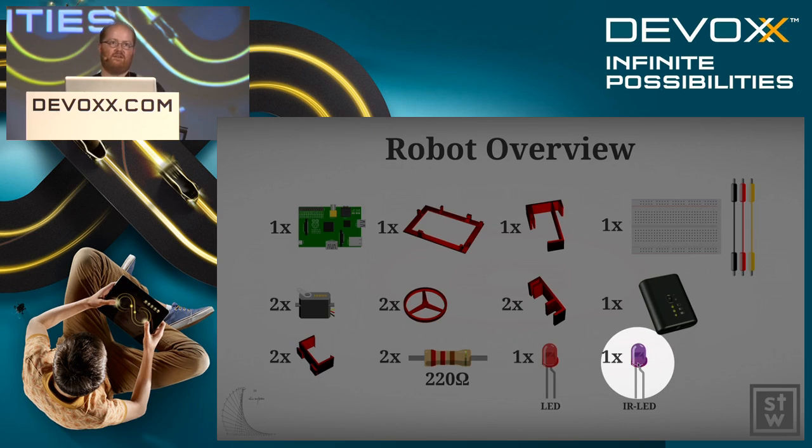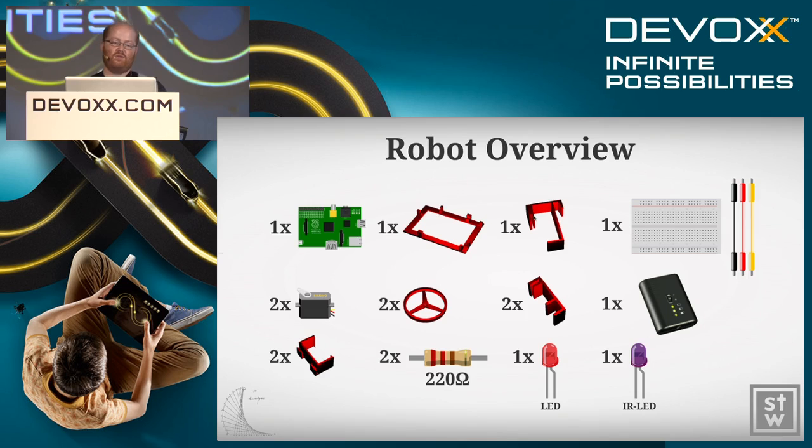This is not really necessary, but we made some extensions to it, so you might want to buy that as well. Then some battery for charging mobile phones or something. Then a small breadboard and a few cables. And then, of course, you need all these red parts that are printed.